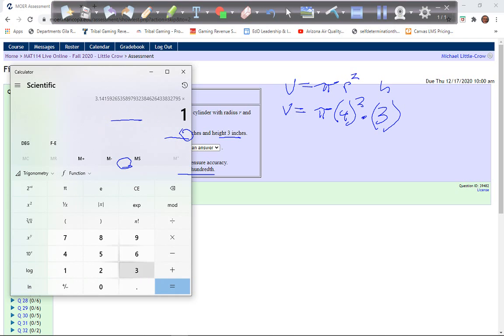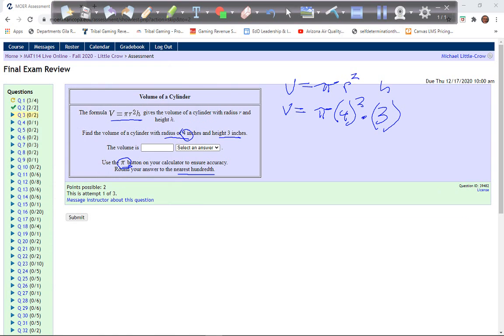You could enter that in separately. And then we're going to multiply by 3. 150 to the nearest hundredth, 796. So the 9 gets rounded out because the 6 is more than 5, right? More than halfway or more, 5 or more. So that 9 becomes a 0, carry the 1. That's going to be 8. So 150.80.